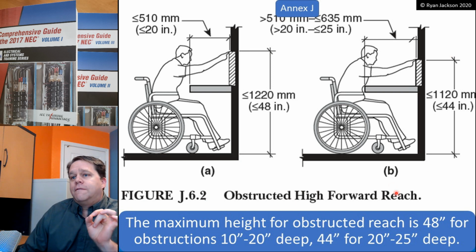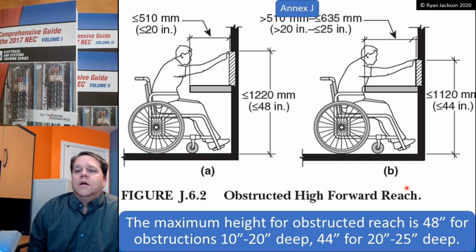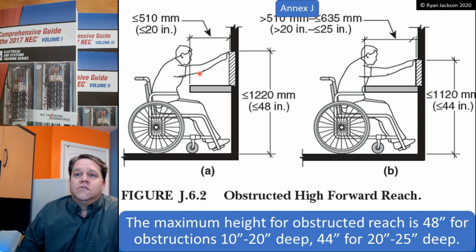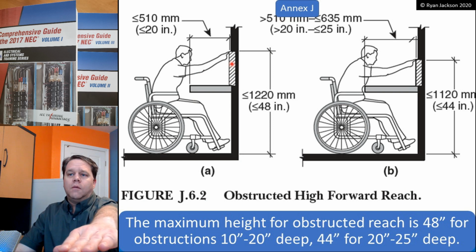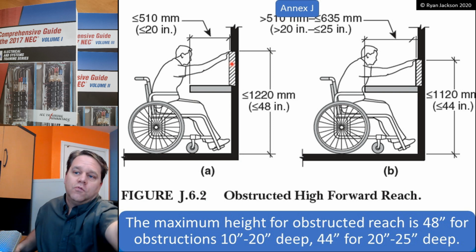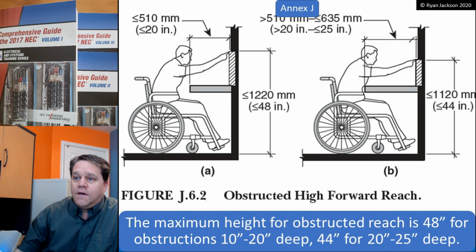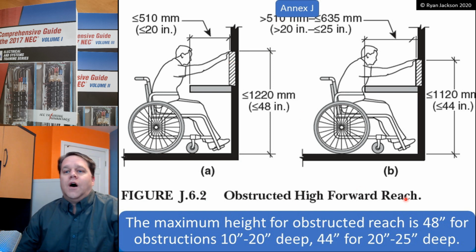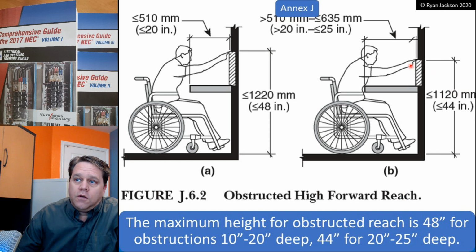Now this is a forward reach where I'm reaching out in front of me. I can go up to 20 inches and still reach out 48, which makes sense. If you stick your arm out, you'll find that a 20-inch reach is not that much. But if I have to reach more than 20 inches, up to 25, that's where my arm starts to drop, and I would be limited to a 44-inch height.